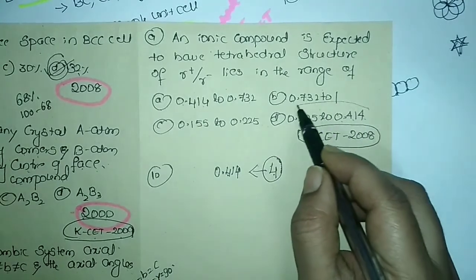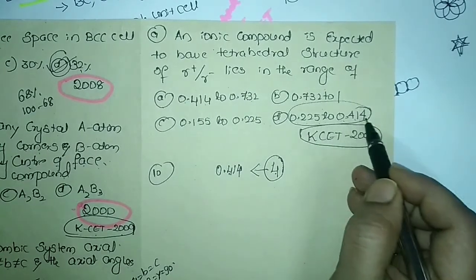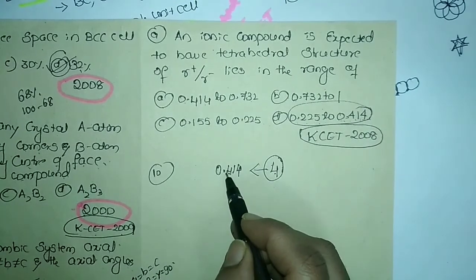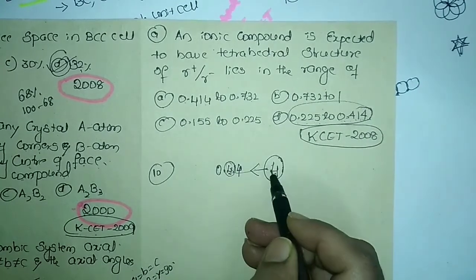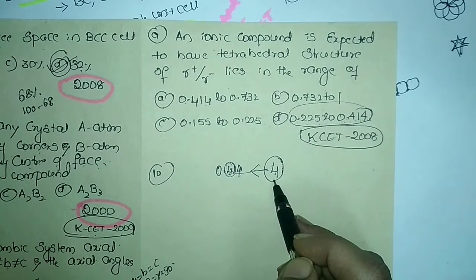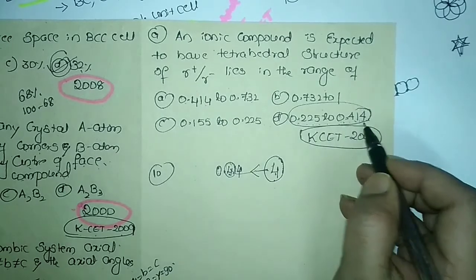So the answer is 0.225 to 0.414, less than 0.414. I told you 0.4 means you have to consider 4, and 4 means tetra, and the structure will be tetrahedral. This is a simple trick you have to remember. So the answer is 0.225 to 0.414.